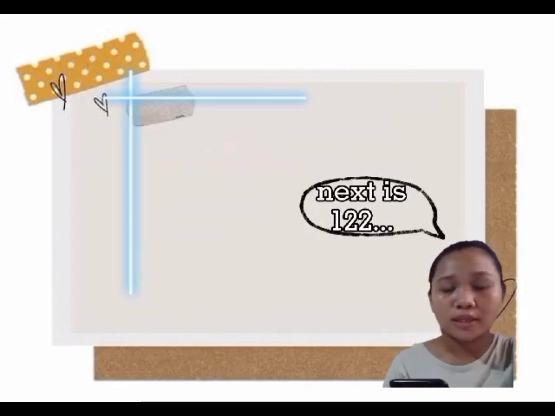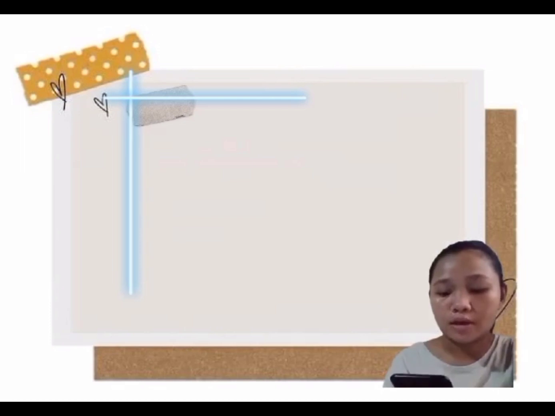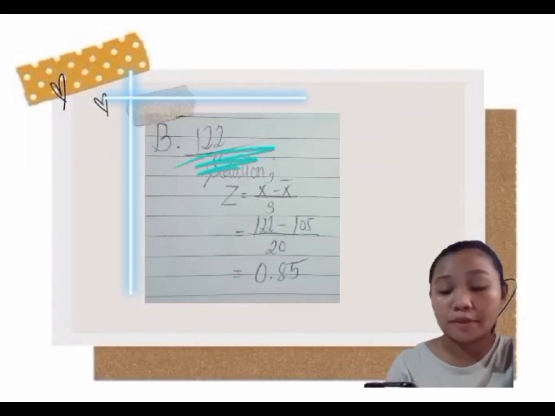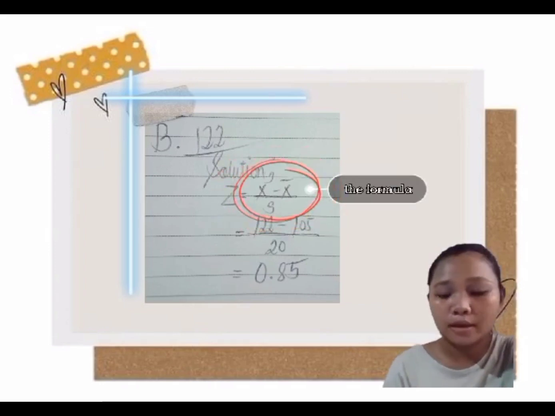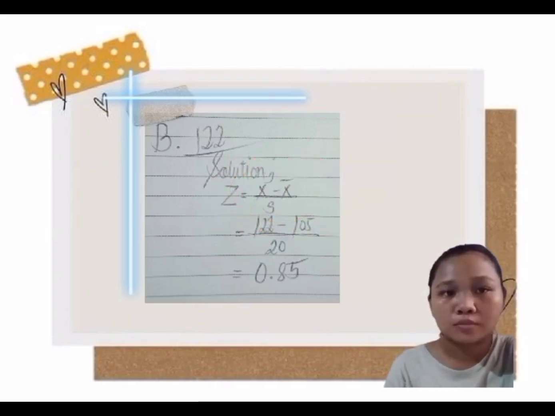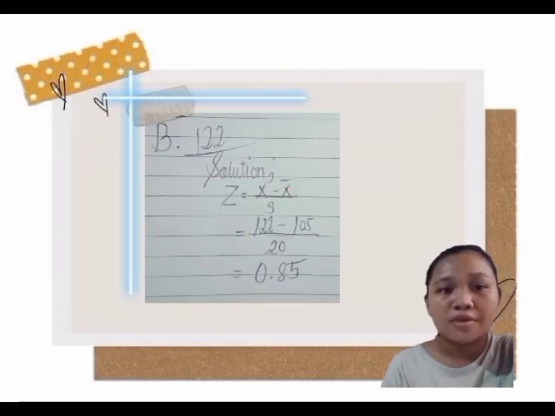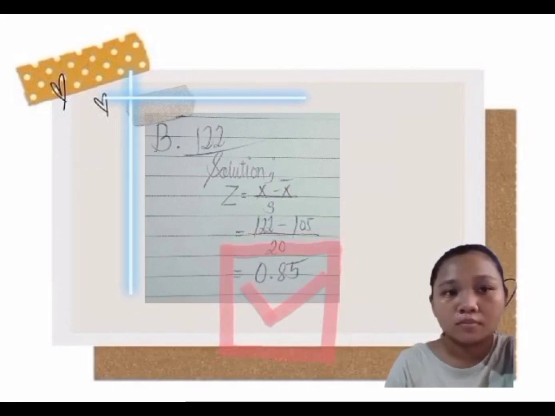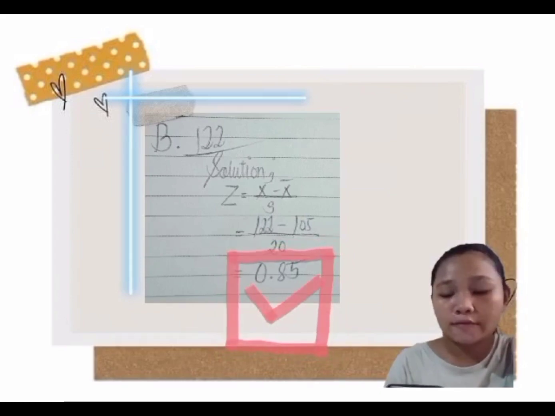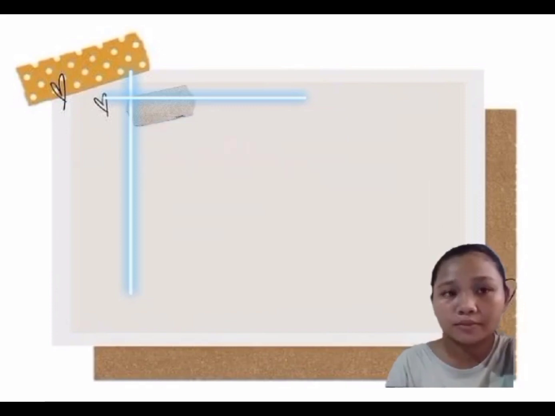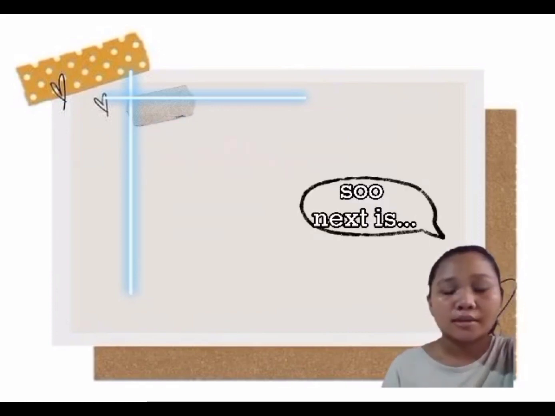Next, 122. Okay, our score is 122, same process. Using the formula, we substitute 122 minus 105 divided by 20. The answer is 0.85. And 0.85 is positive. Therefore, 122 is above the mean. So next is 110.